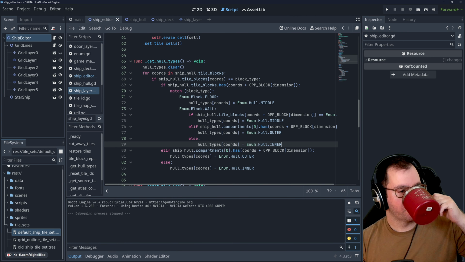Because this was about to explode in terms of the amount of branching we were going to have for each different type of hull, or type of block, not hull. And then down here we can do something similar, though not yet.